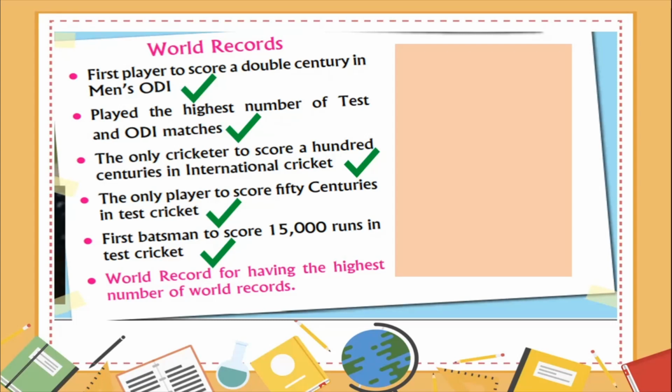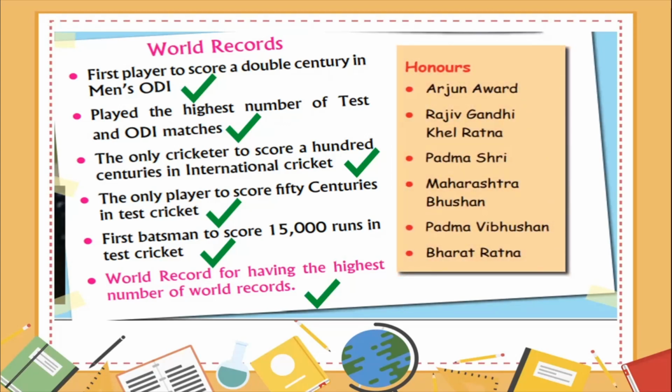Now there is one very interesting thing about Sachin Tendulkar that we learn from this page. That is, he holds the world record for having the highest number of world records. So he is the person who's got the highest number of world records. So isn't that interesting? Now let us look at one more achievement about Sachin Tendulkar. See here.